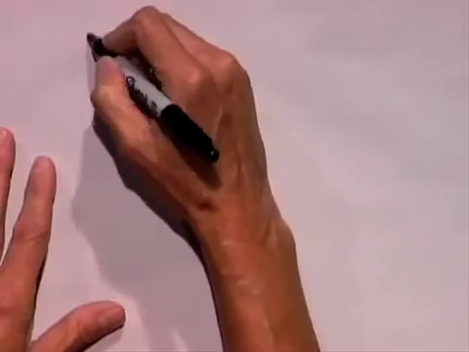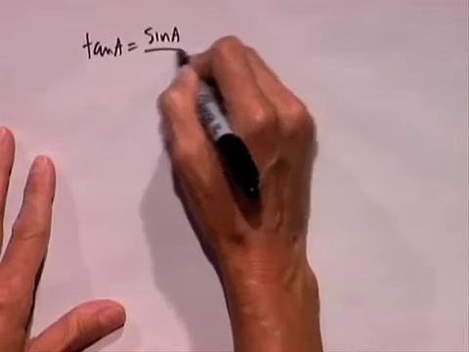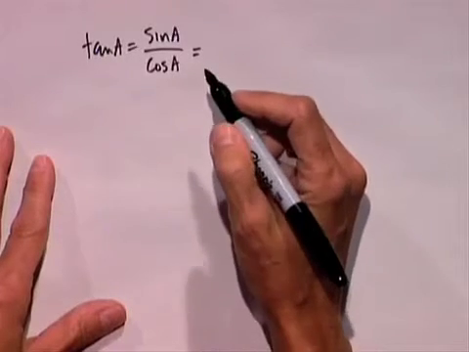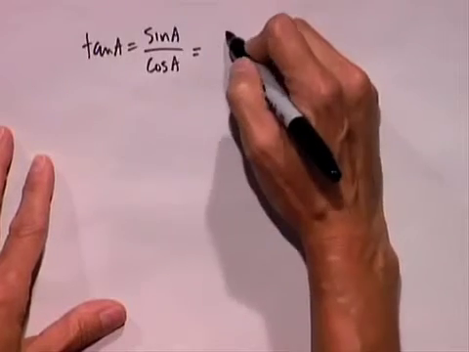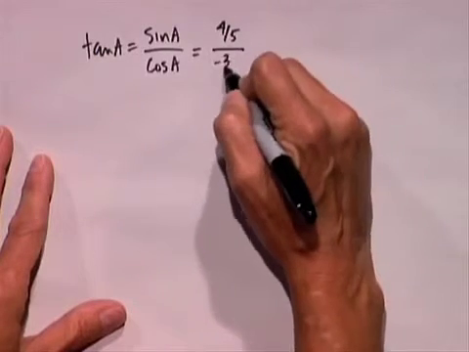To find the tangent of A, I'm going to put in the sine of A divided by the cosine of A, the values that I've already found. Now, the sine of A was given, and it was 4/5. The cosine of A is negative 3/5.